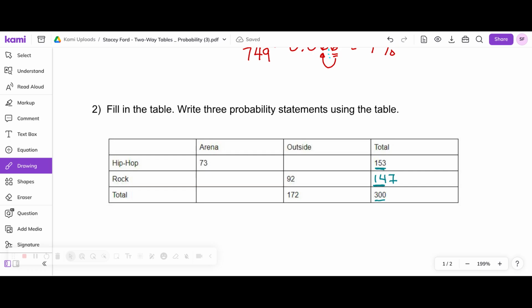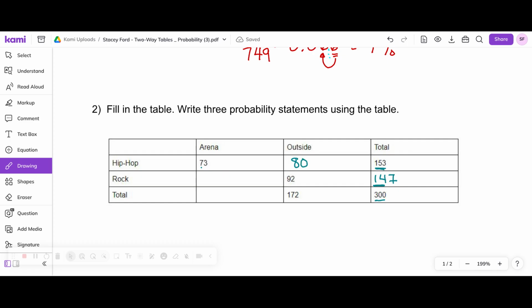And I'm going to do the exact same thing going across. If I want to do that top row, I know my top number, for hip hop, has to equal 153. I know one number is 73. So I'm going to go 153 minus 73. And I'm going to get 80.